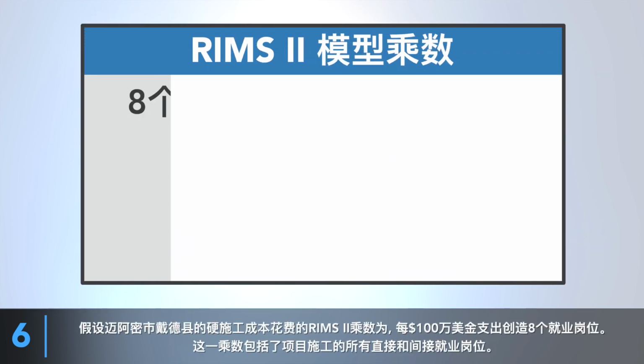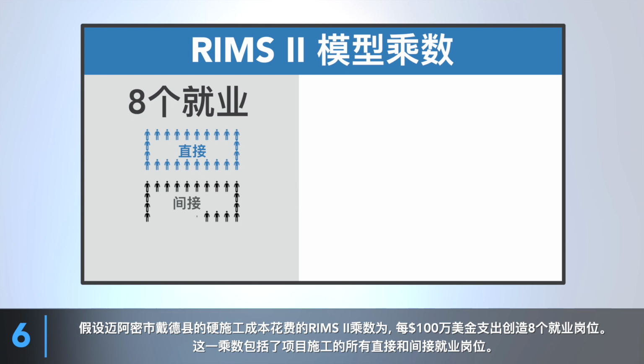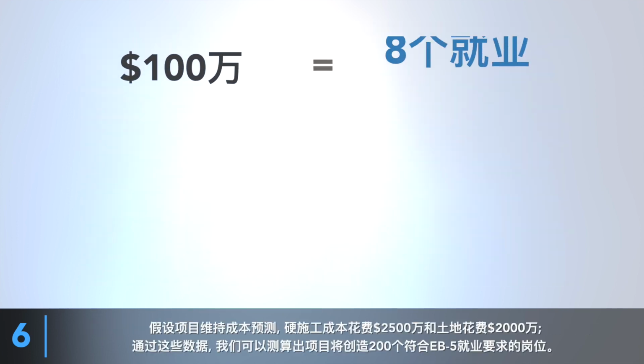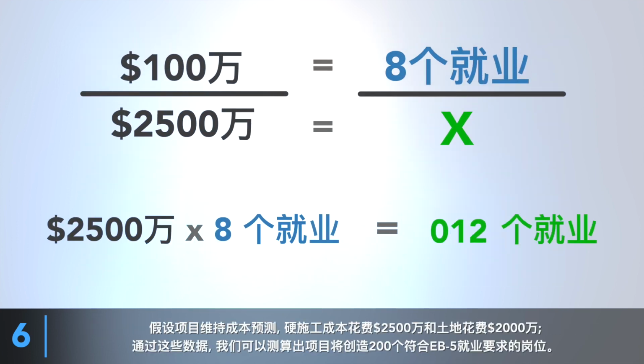Assume the RIMS-2 multiplier for hard construction spend in Miami-Dade County is 8 jobs for every $1 million spent. This multiplier includes all direct and indirect jobs from the construction of the project. Given these figures, we can estimate the project will create 200 EB-5 eligible jobs, assuming the project stays on budget and spends $25 million on hard construction costs and $20 million on land cost.